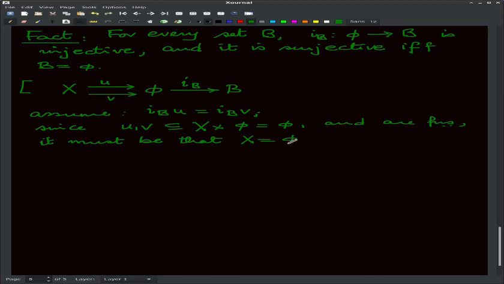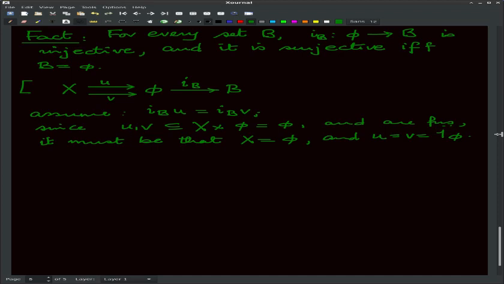From a non-empty set to the empty set, you cannot have a function. So since you have given me it to be a function, X must be the empty set, and in that case u and v is nothing else but the identity function on this.